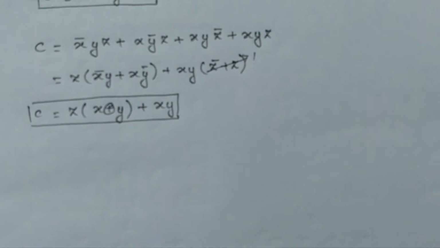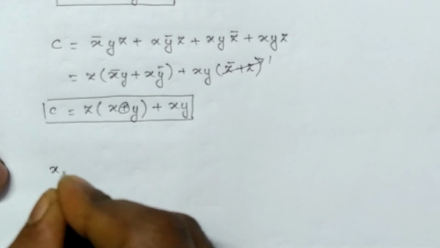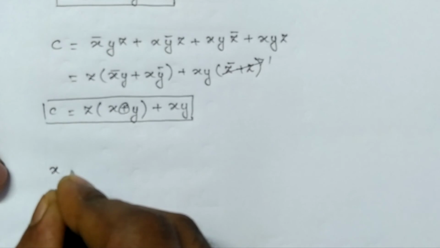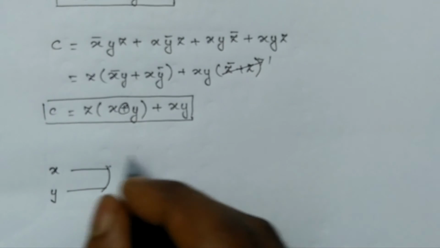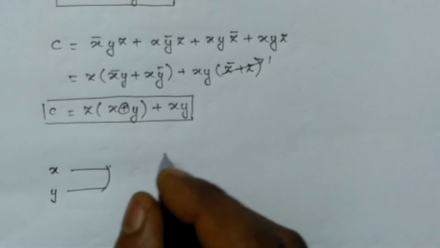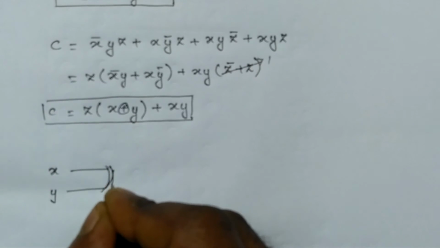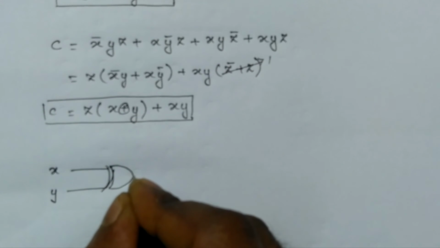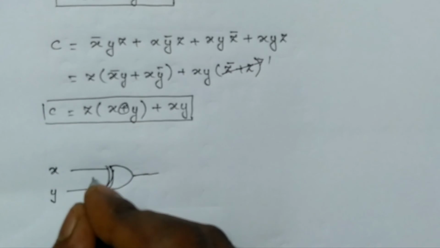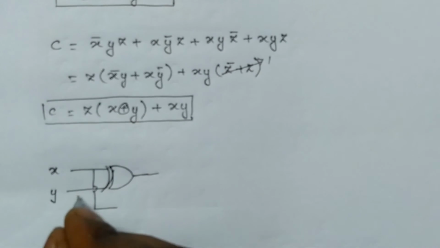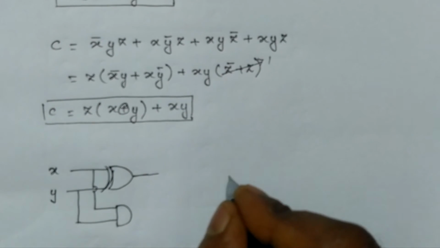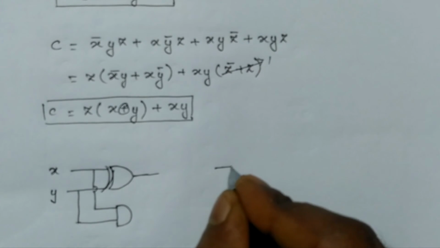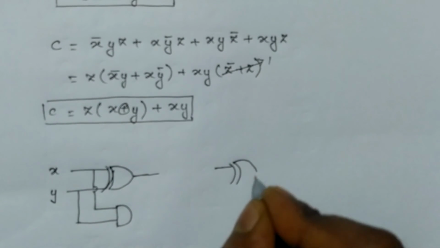So now I am going to implement it. First input x and y. So first I am going for 2 half adders. So here I am considering it as a first half adder. Likewise, I am considering another half adder.